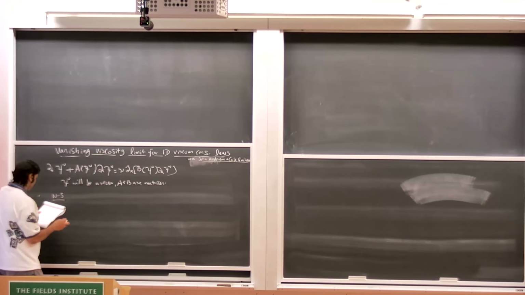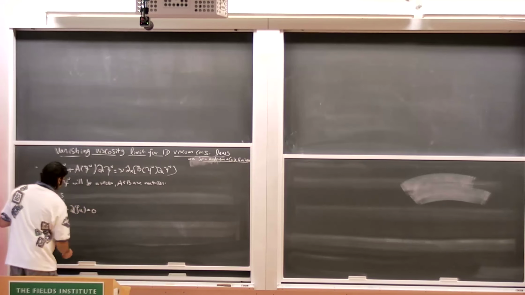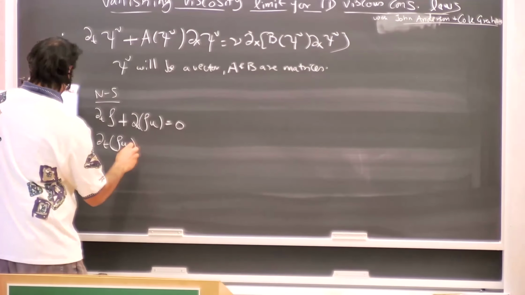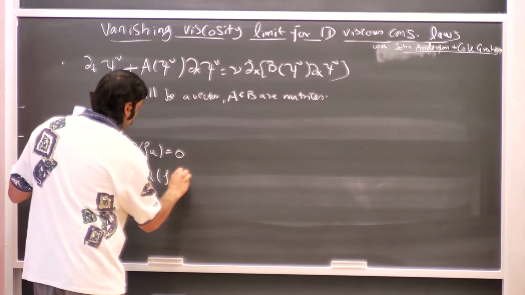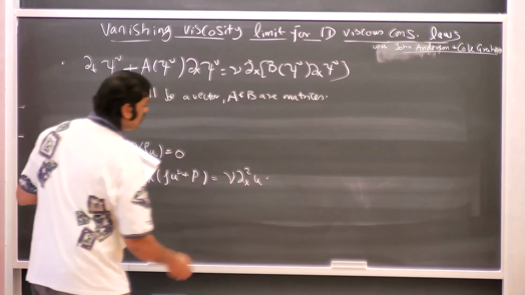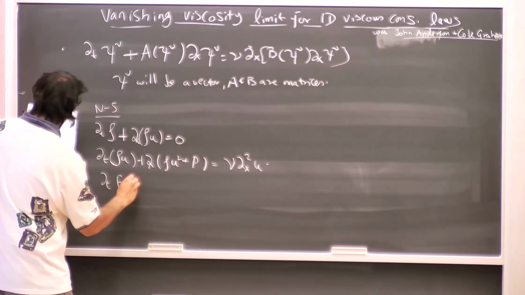And we've seen Euler a bunch of times already, but let me write it down. This is the conservation of mass. There's the equation for momentum. Pressure. This is the viscous term again. And then finally, we have the equation for energy.